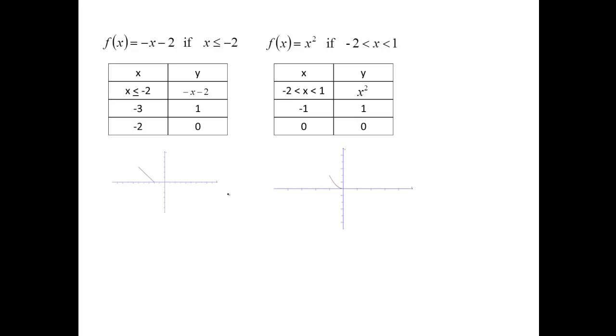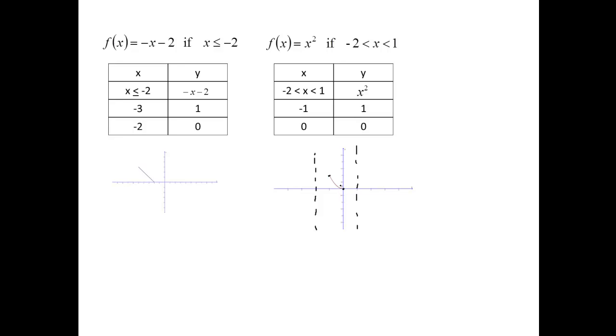And so now these two parts of the piecewise defined function here we have graphs for. So between where x is negative 2 and 1, so that's going to be from this area here between where x is minus 2 and 1. The dots that we've graphed are these two, minus 1, 1, and 0, 0.